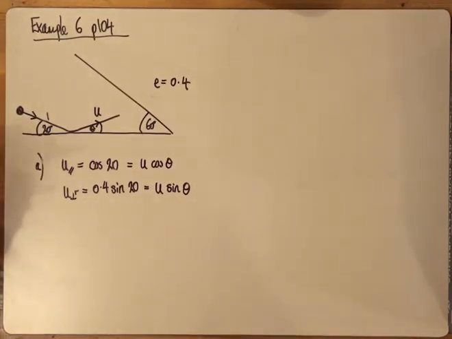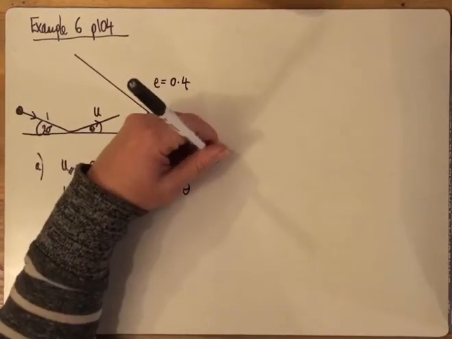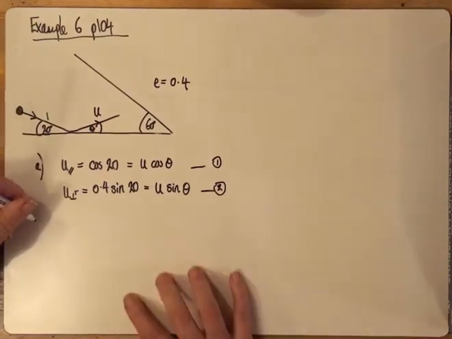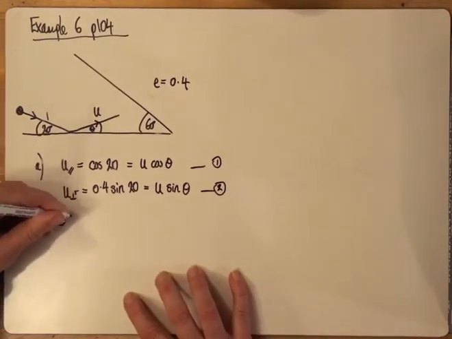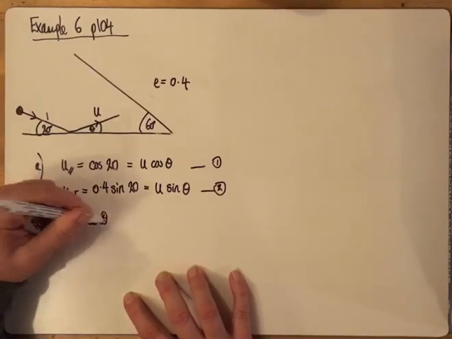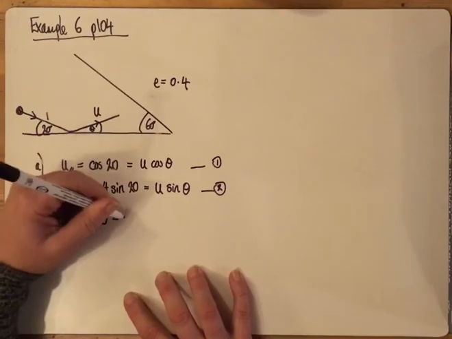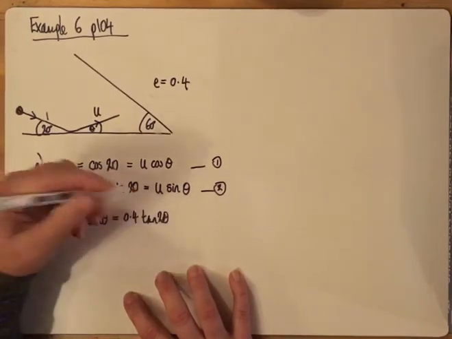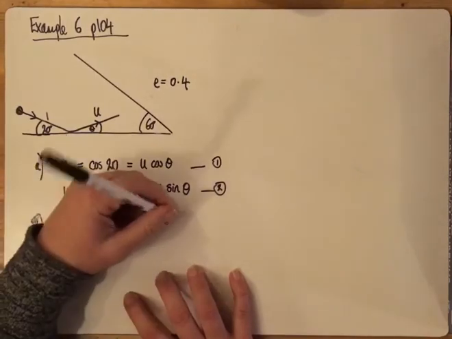So from there we can do 2 divided by 1, and that gives you tan theta is equal to 0.4 tan 20. Sorry, that's meant to be 20.